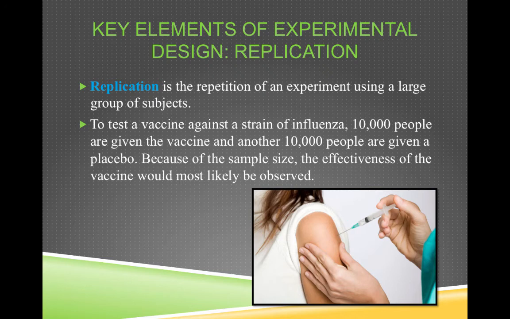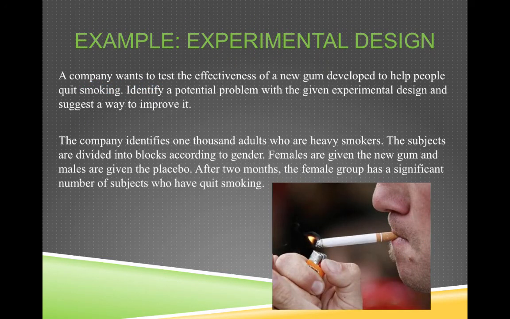If this vaccine is really working, we're going to see it in those 10,000 people that get the vaccine. All right, so let's talk about another example. A company wants to test the effectiveness of a new gum developed to help people quit smoking. Identify a potential problem with the given experimental design and suggest a way to improve it. Let's go through this example, and again, this is going to be something similar that you guys are going to do on your own, or in lab, I should say.